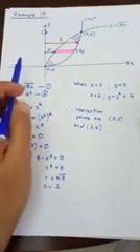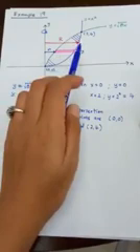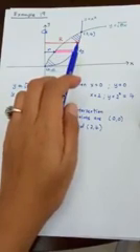If you see, my outer radius r is from y is equal to x squared. Therefore, my outer radius is equal to square root of y.